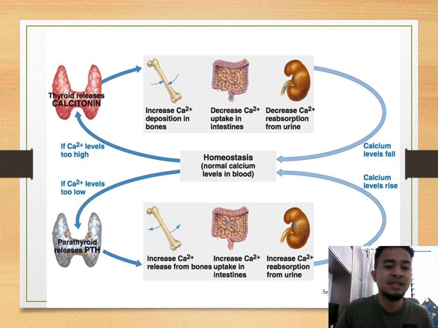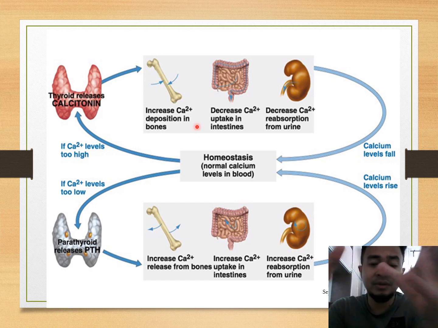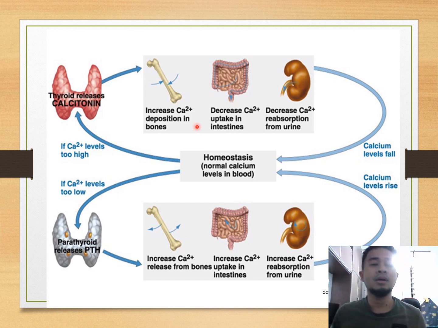Normally we have a certain level of calcium ion within our blood, right? And in case the calcium ion level is too high within our blood system, our thyroid will release what we call calcitonin, which increases calcium ion reabsorption into our bones and decreases calcium ion intake from our gastrointestinal system, because we have too much now, right?